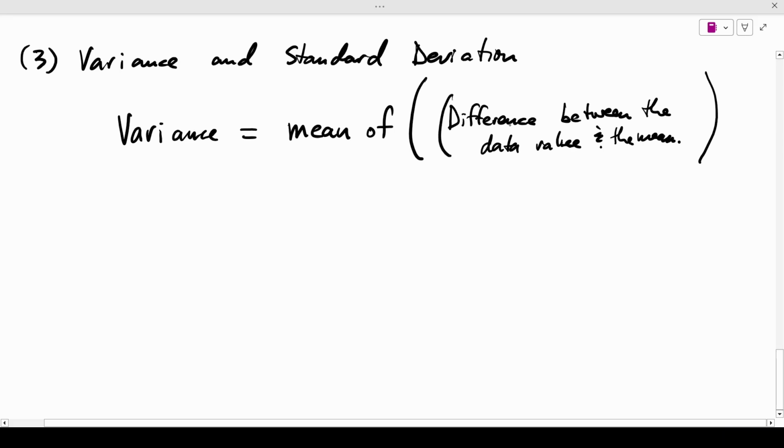But we are going to take this quantity and square it. There are, in fact, many reasons why we square it, and I'll touch on at least one of them. The squaring actually makes outliers have a bigger effect on your variance than data points that are closer to the mean.